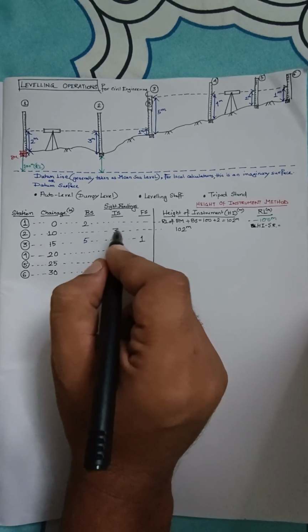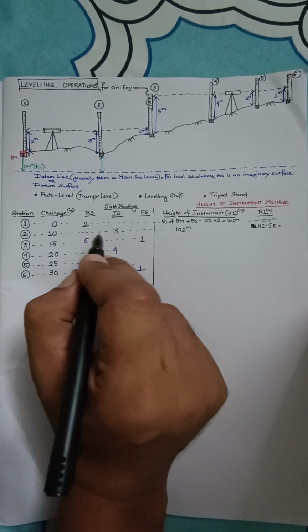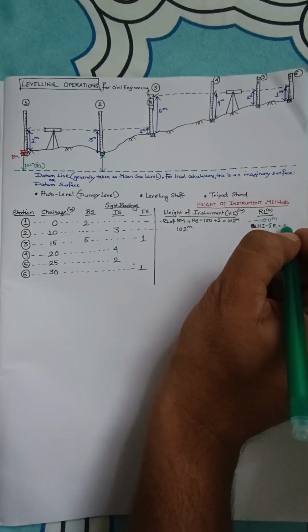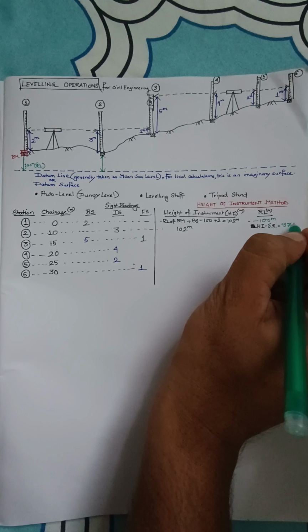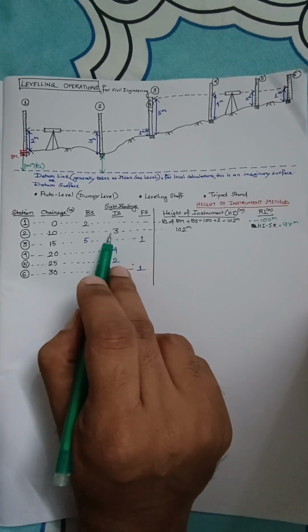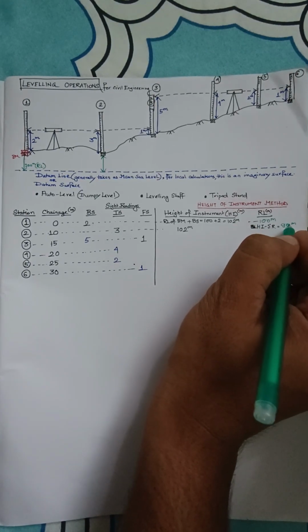See over here the sight reading is intermediate sight. For this line whatever is the sight reading, for this line whatever is the sight reading, and we have right over here 102 minus 3. Sorry, I'm very sorry, it's 99 meter. Sometimes it happens that we get confused with the numbers, but don't worry, we have rectified it.